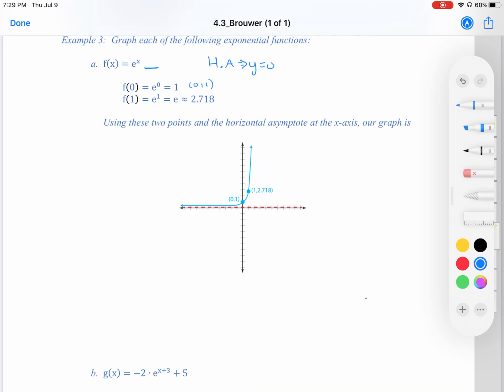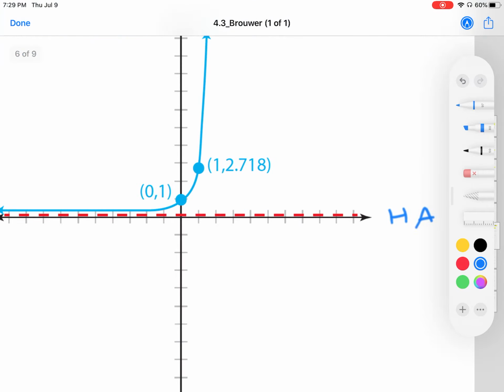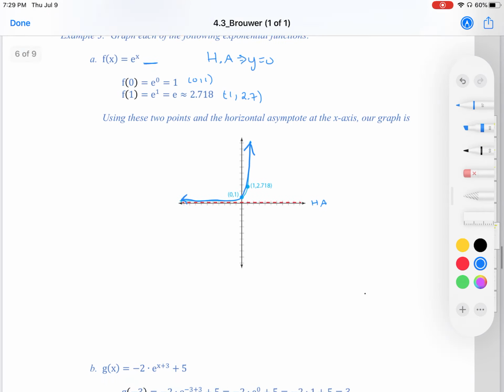And e to the first power is about 2.7, so 1, 2.7. Let's plot these points. We have our horizontal asymptote, and once we plot them, we get one that gets closer to our asymptote but never crosses, and we get one that pulls away, making our L-shaped figure.